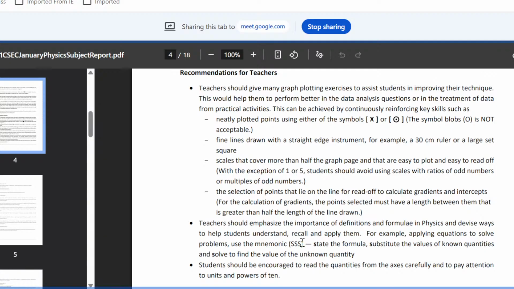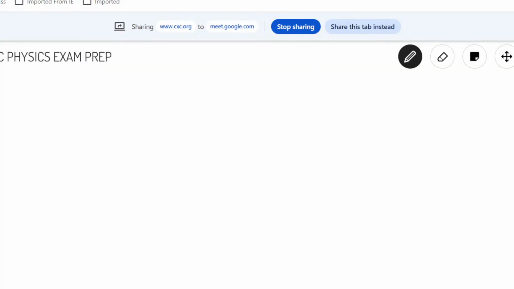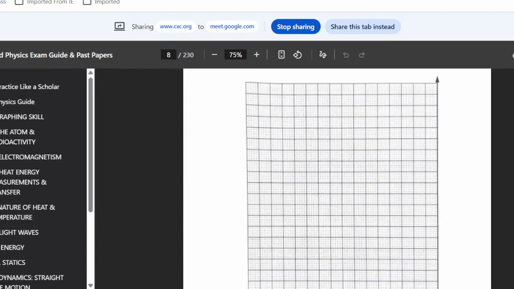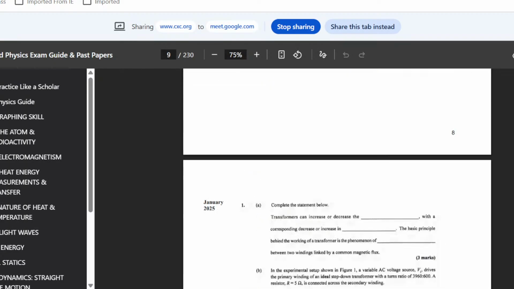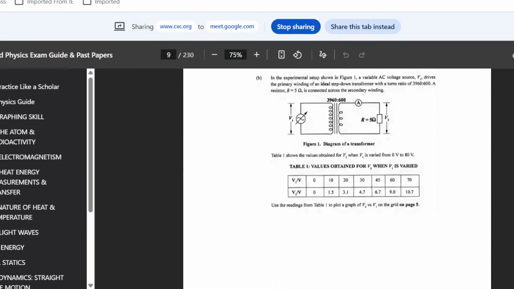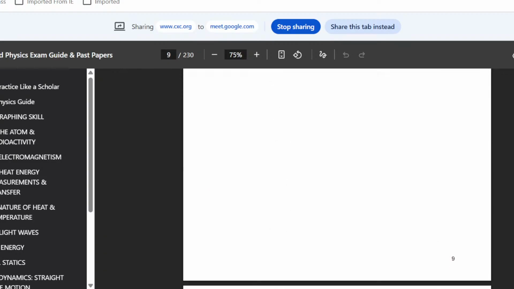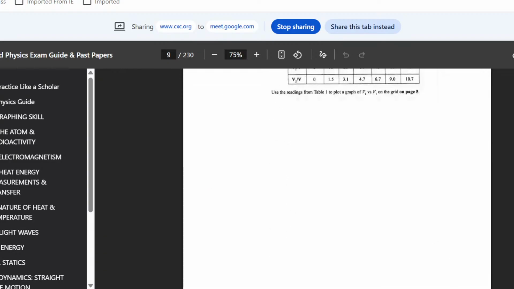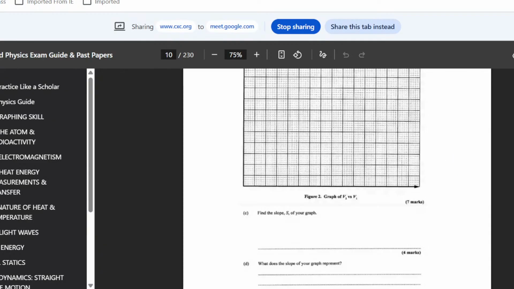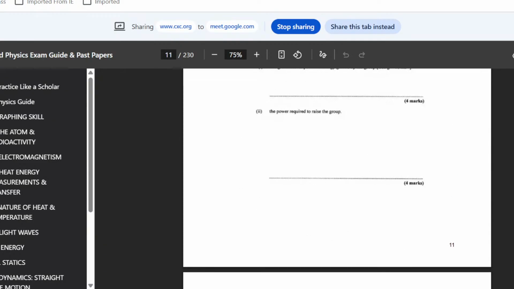And there's an important point in this section here. So let me go back to the past paper.